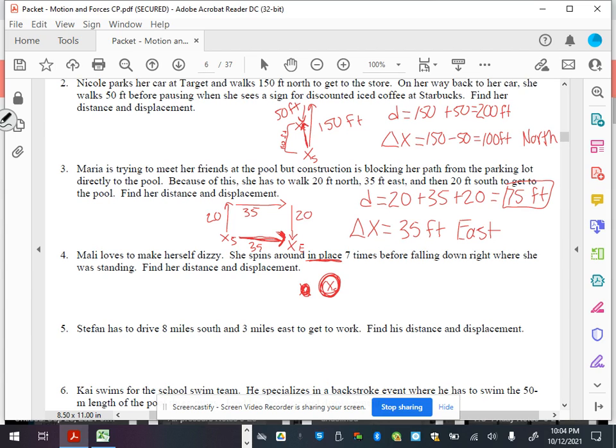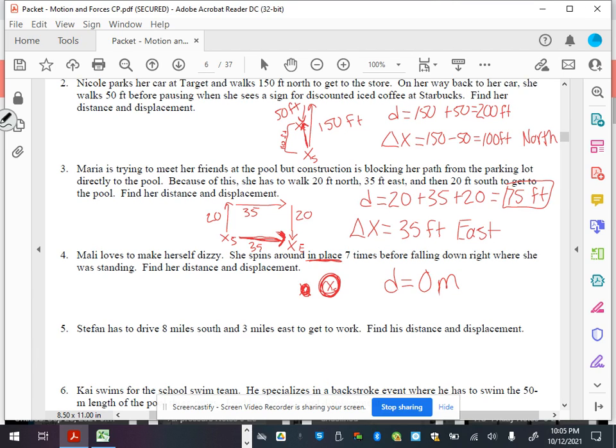So assuming that her feet only turned around in a circle and didn't actually move, her total distance that she actually moved was 0. Zero doesn't even give me a unit, but we'll just say 0 meters.